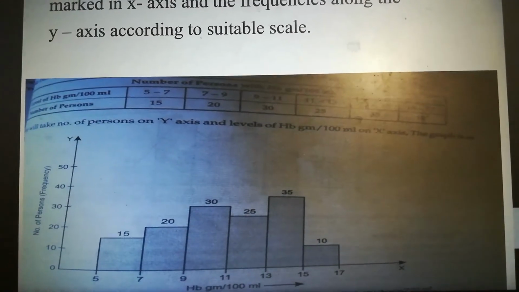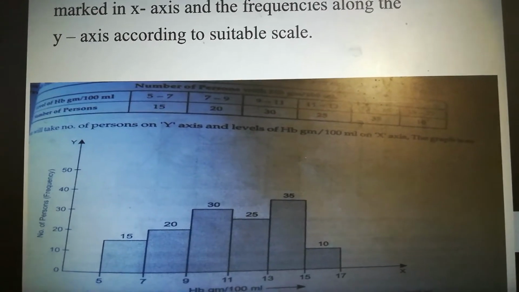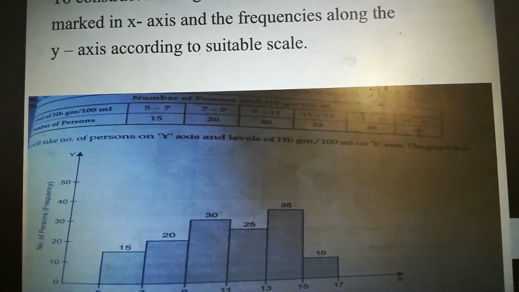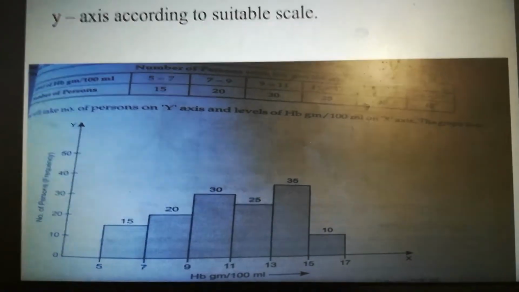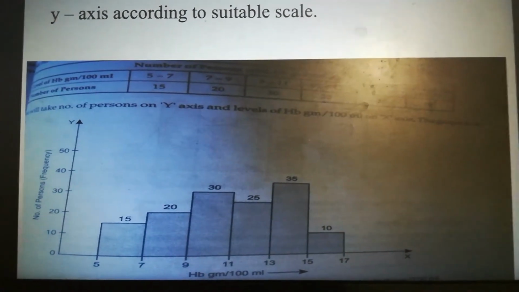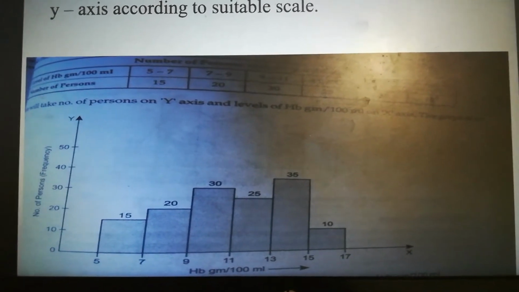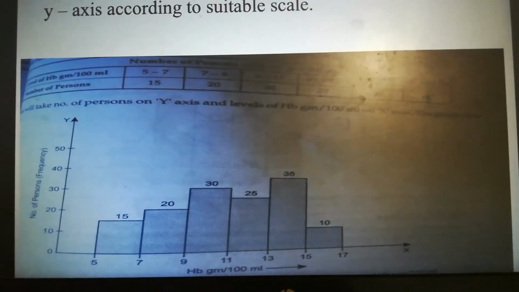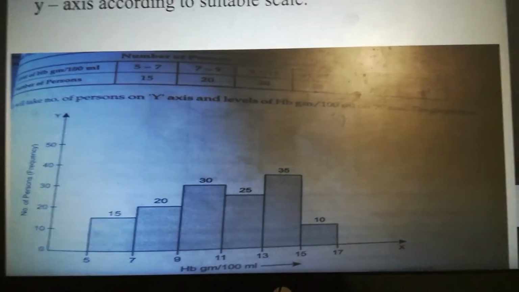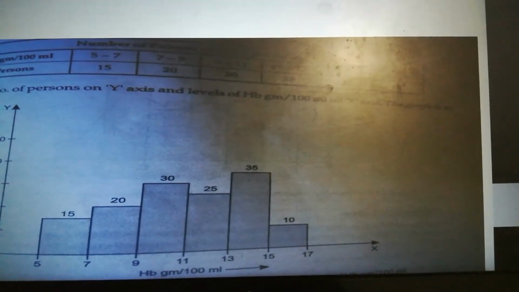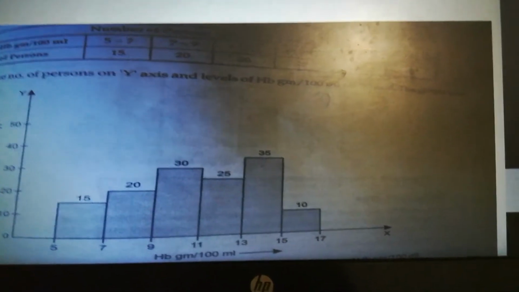In a similar way, 9 to 11 is the next class interval, and again the frequency is 30. So on the x-axis the hemoglobin level is shown with the class interval, and the number of people or the frequency is represented on the y-axis. So a histogram looks this way. Hope it is clear.